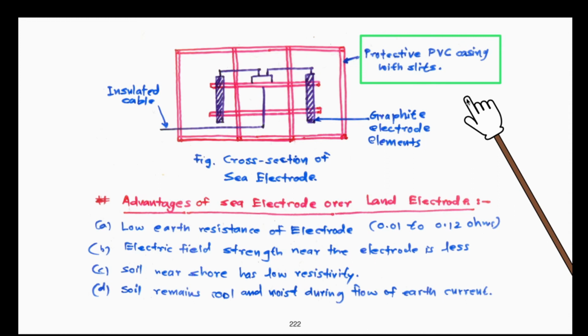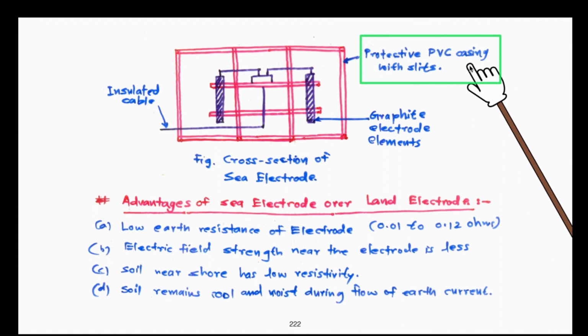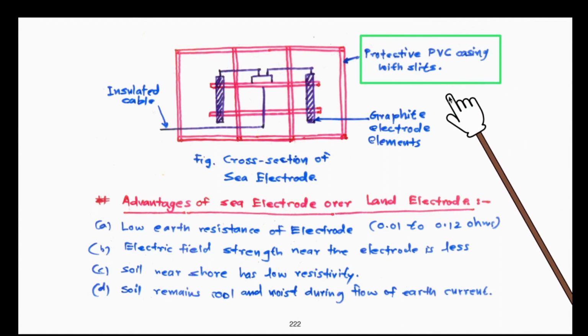In that case, they must not come in contact with the electrode. Consequently, a protective casing is required in order to provide safety.